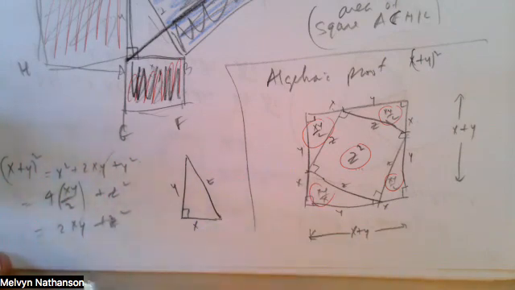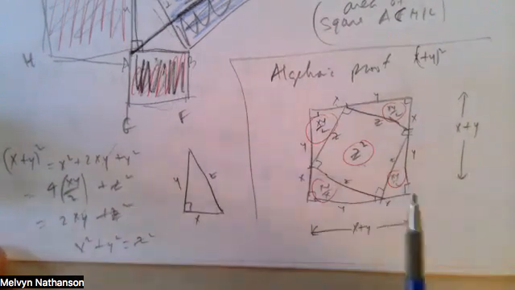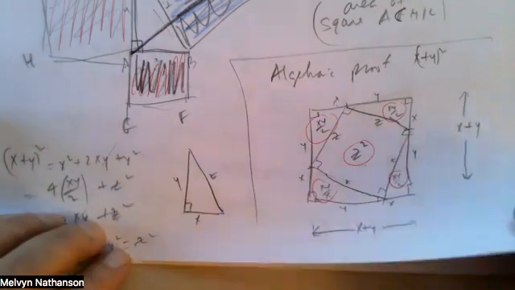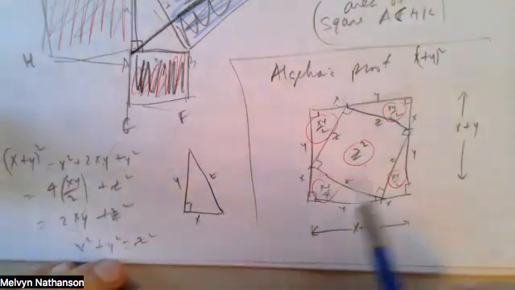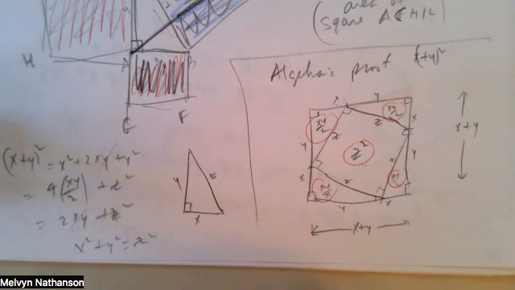Cancel the 2XYs, you get X squared plus Y squared equals Z squared. So that's one very simple proof algebraically of the Pythagorean theorem. But this is in no way a Euclidean proof. Euclid would not have wanted, appreciated, or allowed this. But it's nice to know there are other ways, not geometric, to prove the algebraic form of the Pythagorean theorem. And this is one of the simplest.